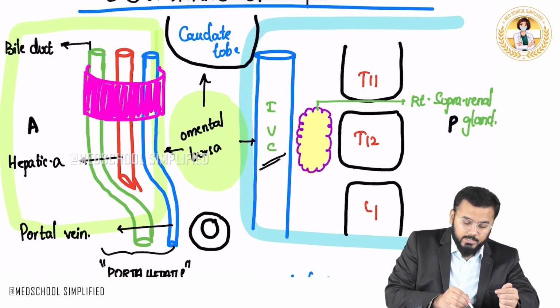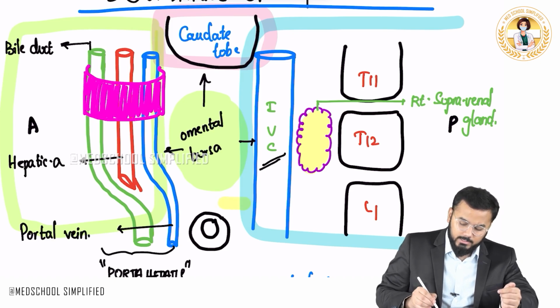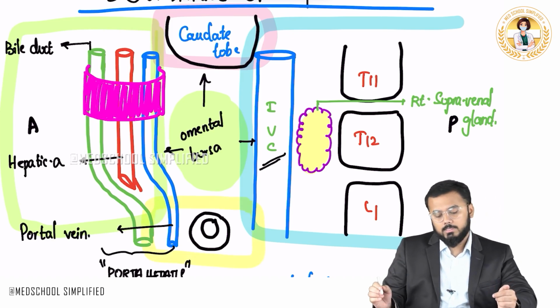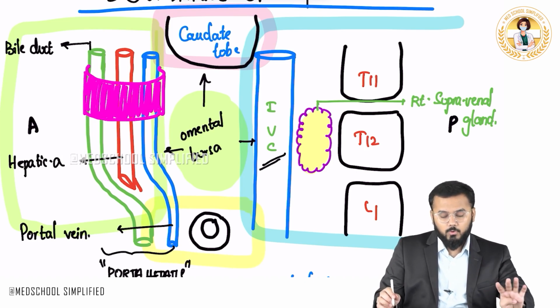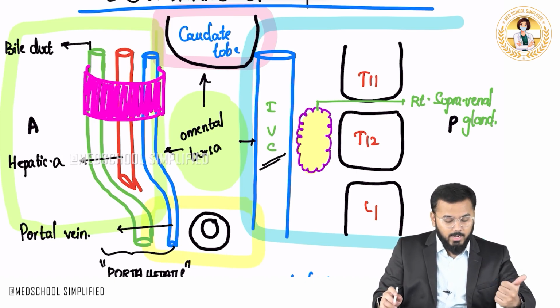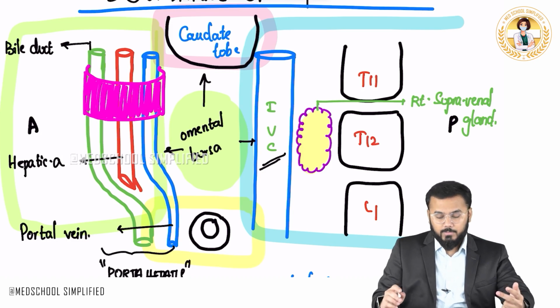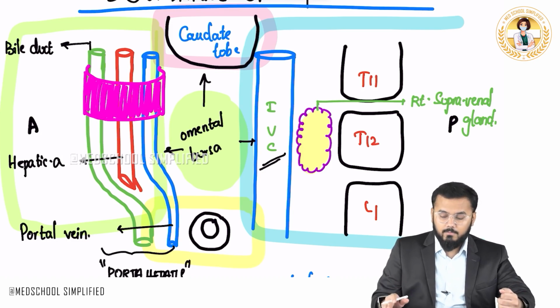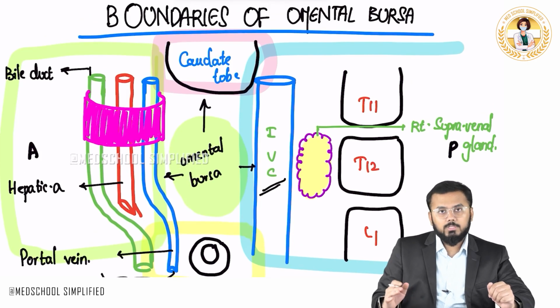This part is the superior part, and finally the bottom part is the inferior part. Anteriorly, you have the bile duct, hepatic artery and portal vein. Posteriorly, the inferior vena cava and right suprarenal gland. Superiorly, the caudate lobe of the liver. Inferiorly, the first part of the duodenum. So these are the boundaries of the omental bursa.